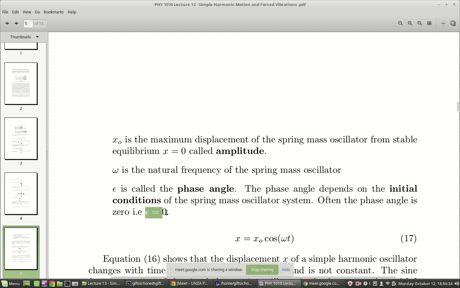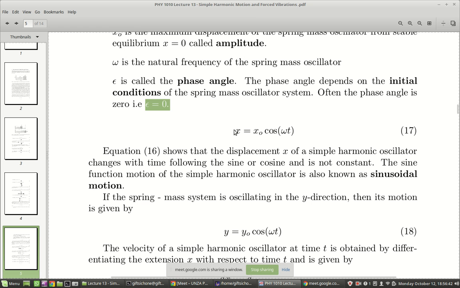Someone wants to be admitted, or someone has left. Okay, which is our equation number 17 there? Just a minute.